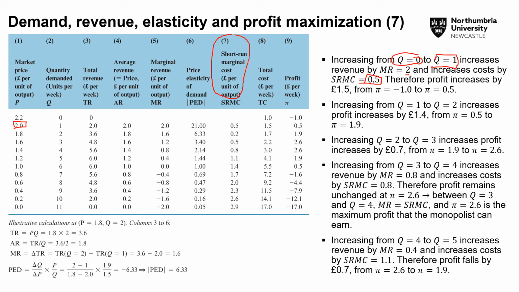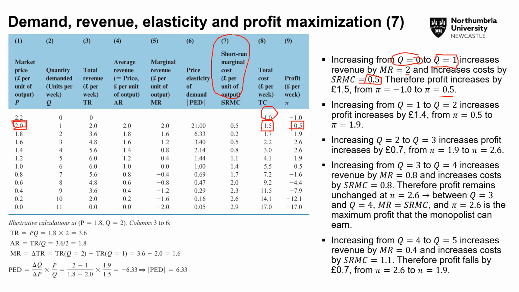So now profit increases with the sale of 1 unit from -1, which represents purely the fixed cost, to 0.5. So we sell 1 unit at a price of 2. Our total cost, which includes a fixed cost and a variable cost, is 1.5, so hence our profit is 0.5 at this point in time.